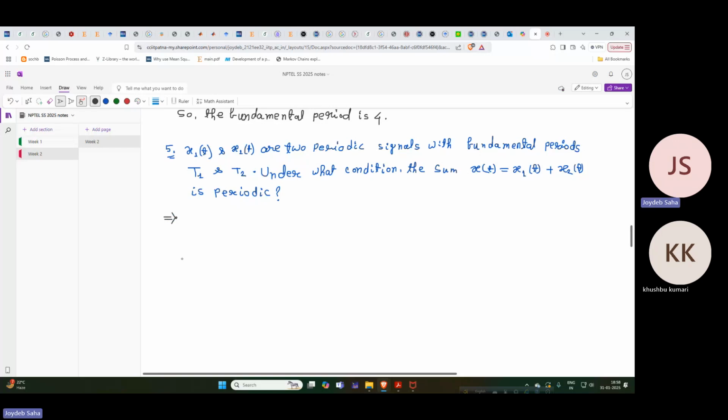Okay, so let's try to solve. It is given x1 is periodic, so x1(t) is equal to x1(t plus m T1), and x2(t) is equal to x2(t plus k T2).